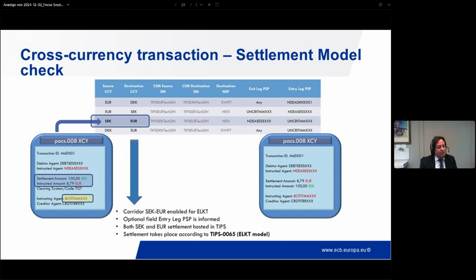So if we have such type of information, we will simply look up the currency pair in the mapping table to make a decision on the settlement model. But we don't need to verify whether there is a specific row mapping the entry and the exit leg PSP. So for this scenario, it's sufficient to go through step one to make the appropriate decision.